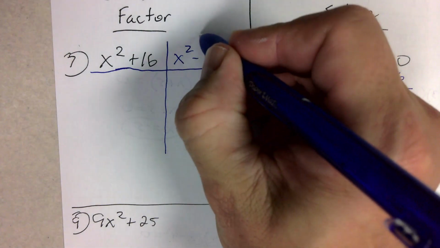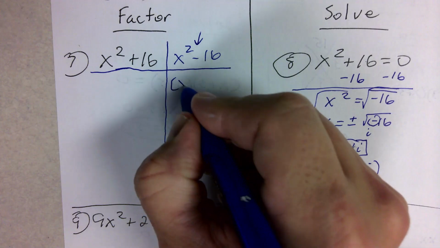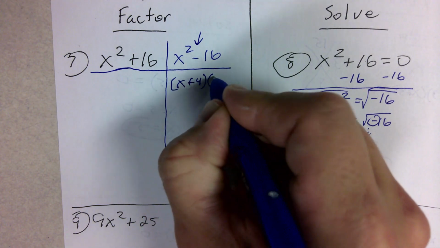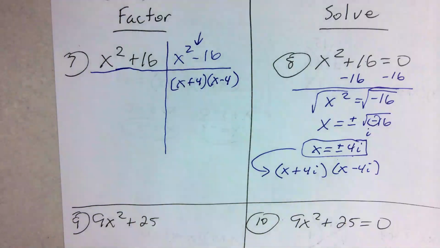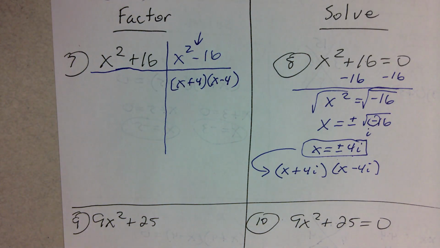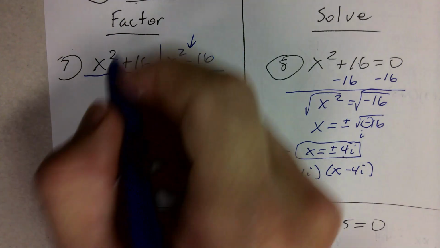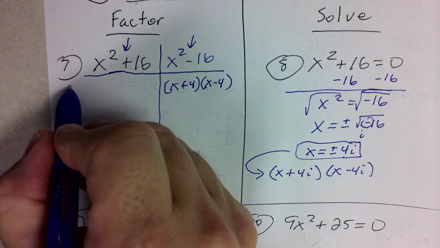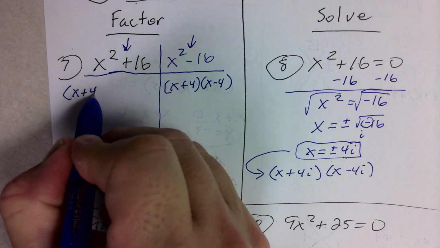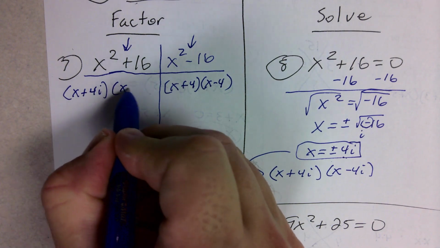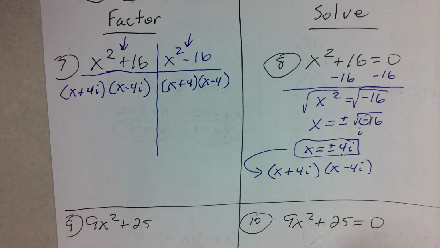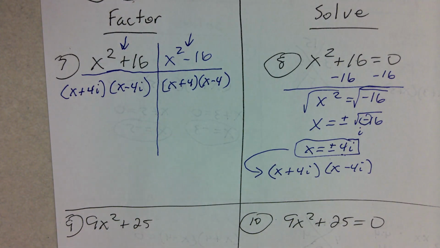If there is a subtraction between, we can simply go x plus 4, x minus 4. I know my two answers for this problem are 4i and negative 4i. If there's an addition between, this is x plus 4i and x minus 4i. You cannot factor the sum of two squares unless you include the imaginary.